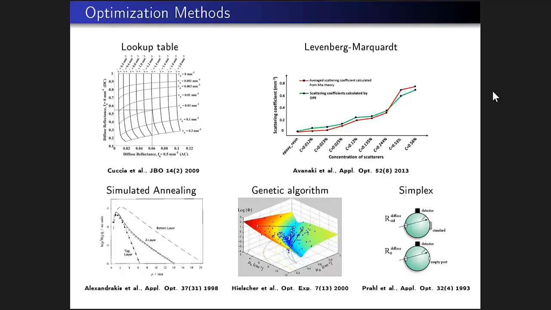Levenberg-Marquardt is a gradient-based optimization method that's prevalent in the industry, and I'll go over that algorithm. Simulated annealing was used by Alexandrakis to determine the optical properties in a layered tissue. A genetic algorithm was used by Hilscher to determine mu A and mu S prime. And then you used the Simplex method in the integrating sphere exercise that you did yesterday.